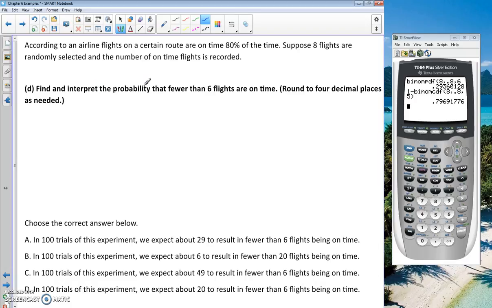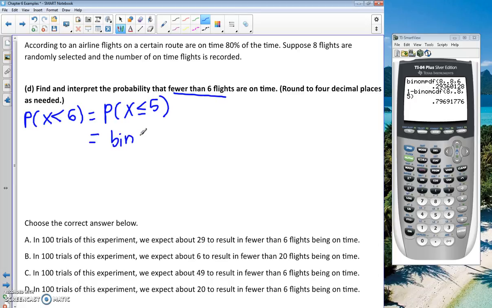Next, find and interpret the probability that fewer than 6 flights are on time. So the probability that x is less than 6. Again, we need to convert everything to a less than or equal to statement, so this is the probability that x is less than or equal to 5. We're looking at binomial CDF with n, which is 8, p, which is 0.8, and x, which is 5.